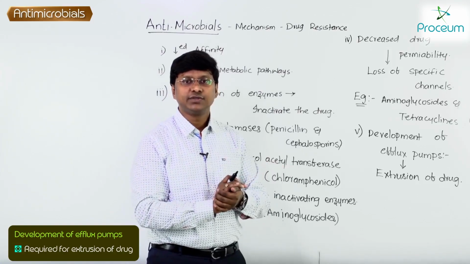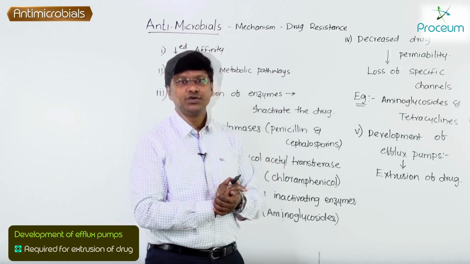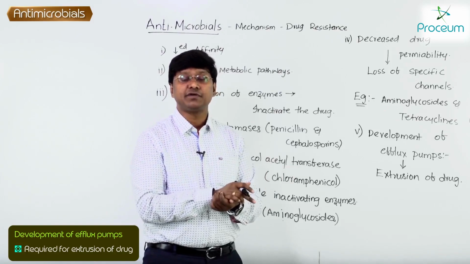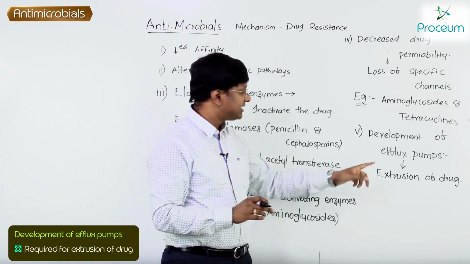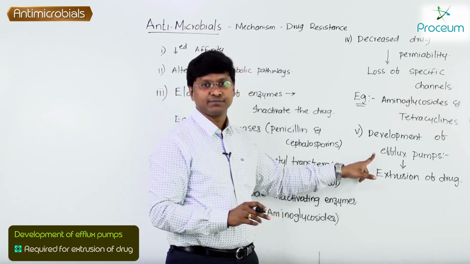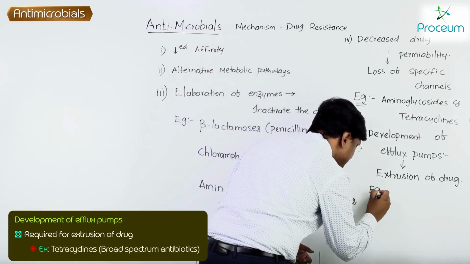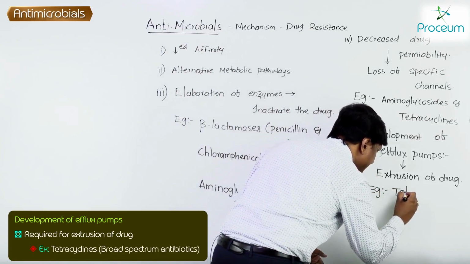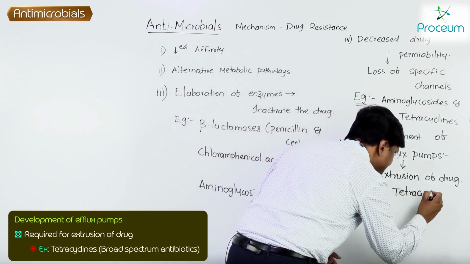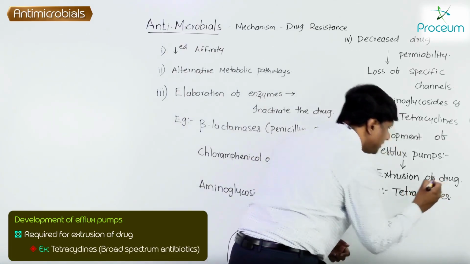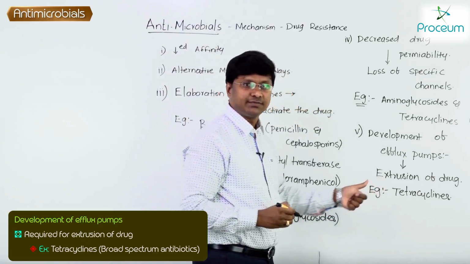Now, let me tell you the examples of the antibiotics where there is development of resistance via the development of the efflux pumps. The examples are tetracyclines, which are broad spectrum antibiotics, right? Tetracyclines is one.